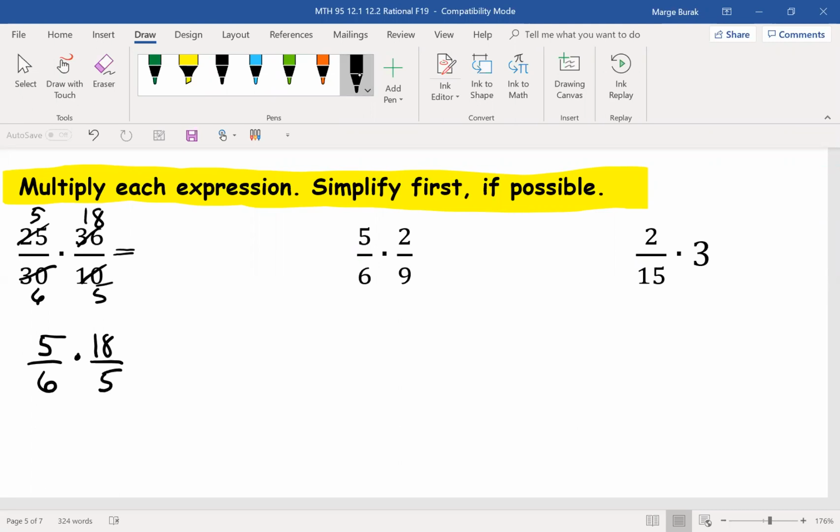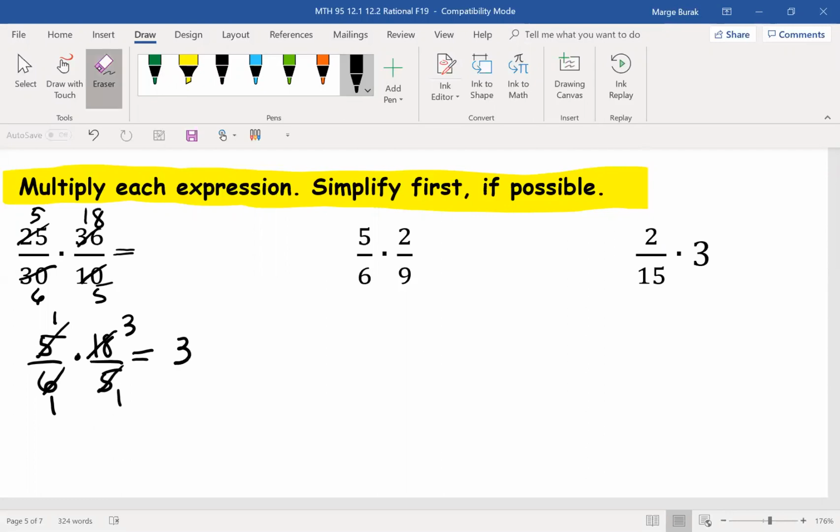And I could times those across, but still, I'm going to times 5 times 18 and 6 times 5, which is ridiculous because I could divide by 5 first because 5 goes into 5 once, 5 goes into 5 once, and I still can reduce 18/6. 18 divided by 6 is 3, 6 divided by 6 is 1, and my whole answer there is 3.